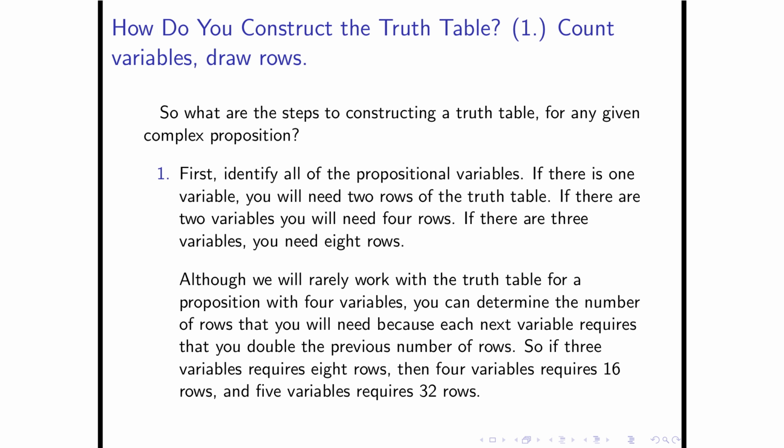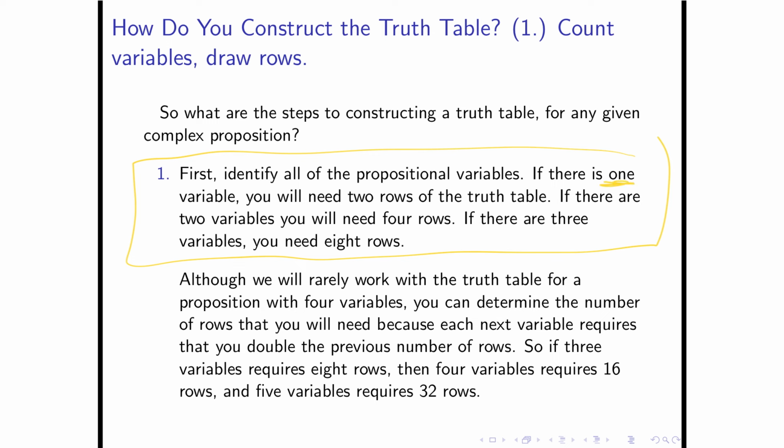Now, we've just done a specific example, and I want to generalize, to make sure that you get the general procedure. So how do you make the truth table in general? First, you identify all of the propositional variables. And the number of propositional variables will tell you the number of rows of the table.